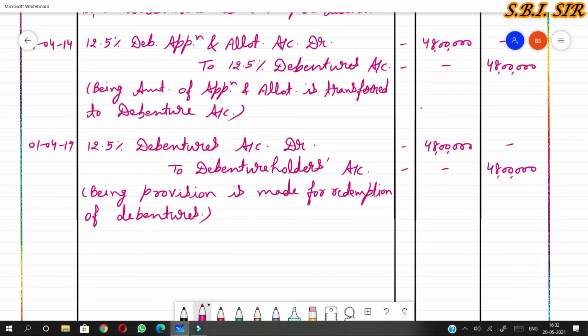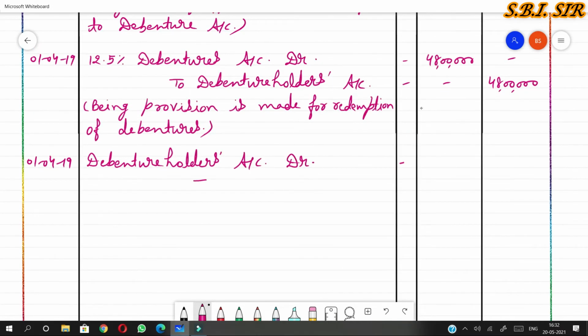Then in the last entry as on 1/4/2019, the debentures will be converted into equity share capital. So the entry will be: debenture holders account debit, to equity share capital account, to securities premium account.